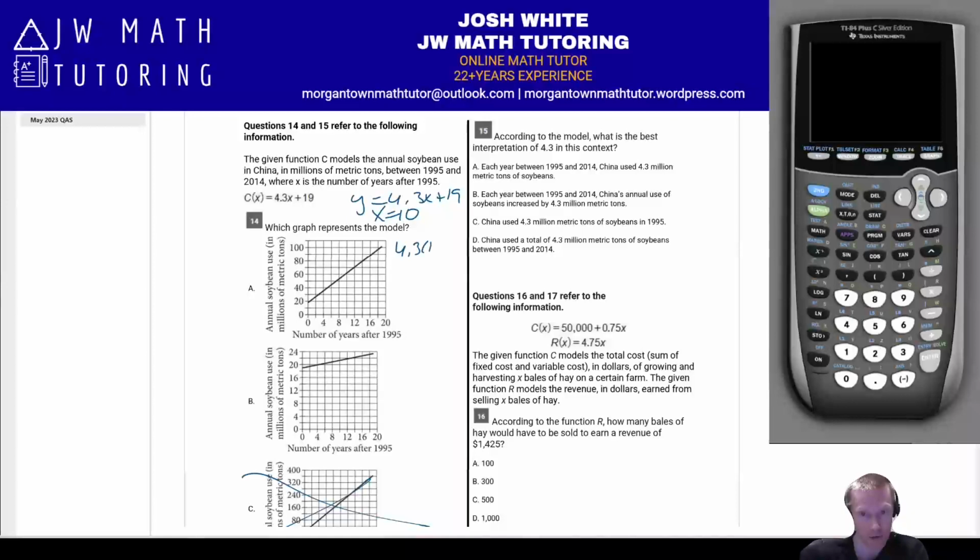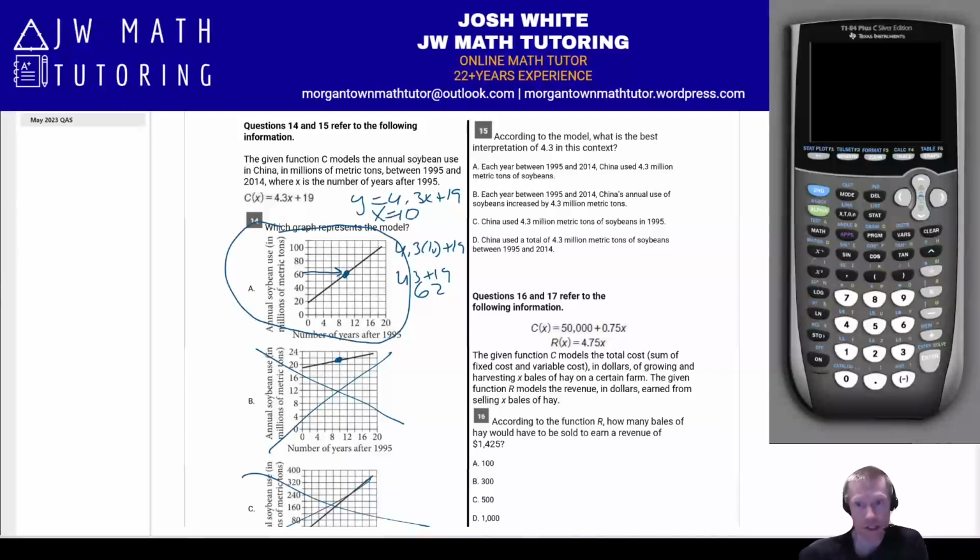If you plug in 10, 4.3 times 10 plus 19 is just 43 plus 19, which comes out to be 62. When I go to 10 on these graphs and go up, I see this point or this point. Which of these is equal to 62? Well, this one looks pretty close, whereas this one is at like 22 or 21, nowhere near 62. So this one is wrong. The correct answer is going to be letter A for this problem.